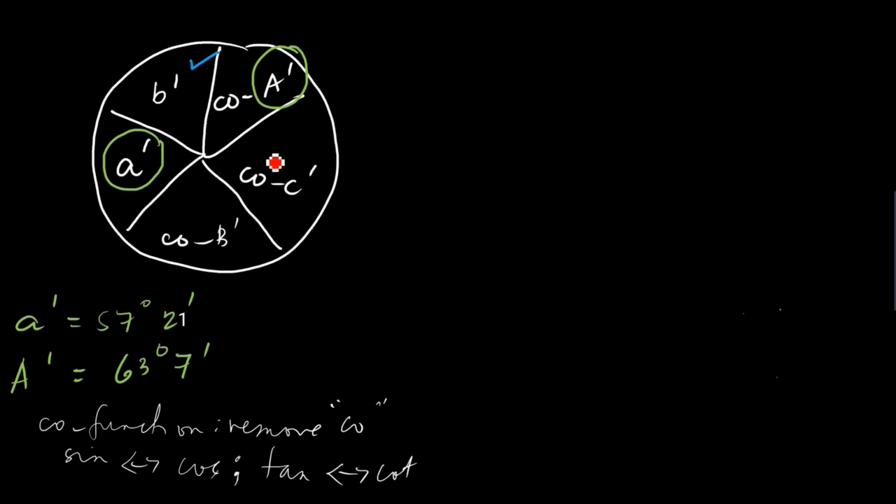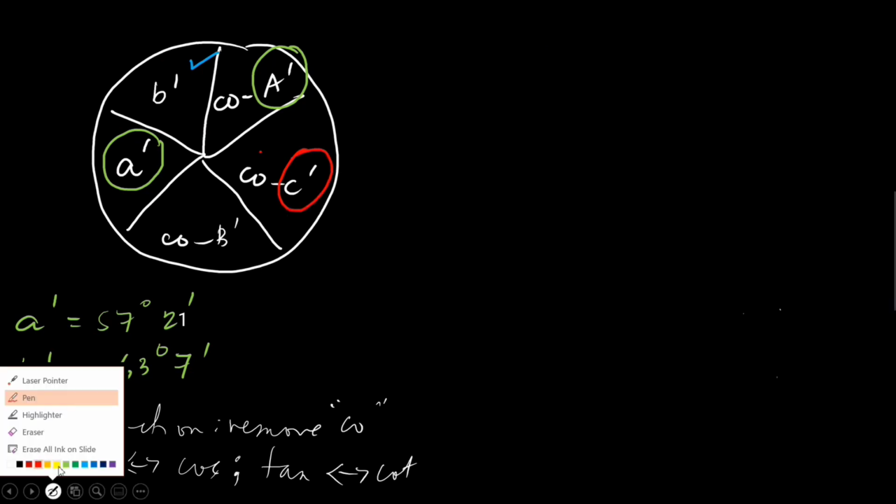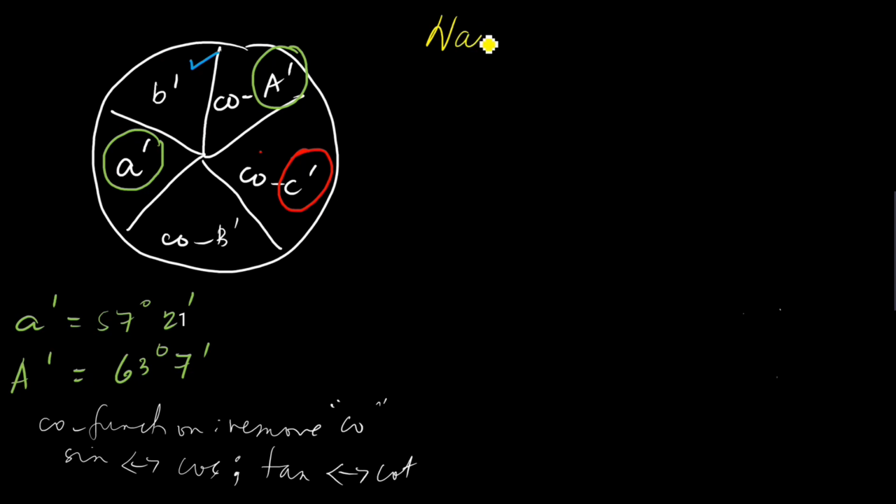So say we would like to solve for this one. So we need to use Napier's rules again. But then which one? With these three parts that are encircled, determine which one is the middle. So the middle part is this one. Then the other two are opposites.